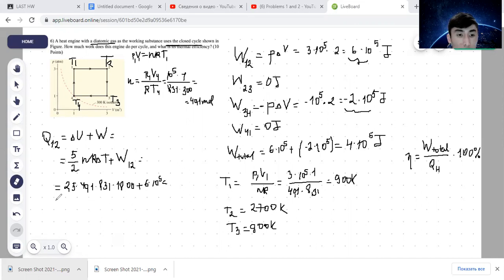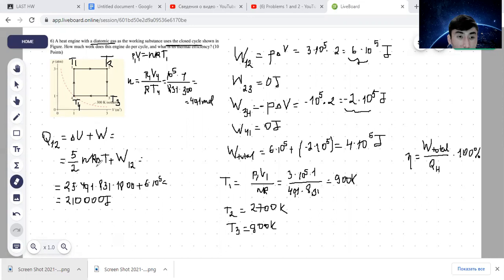So Q1 and 2 is equal to approximately 210,000 joule, right? So we found Q 1 and 2 in this process.